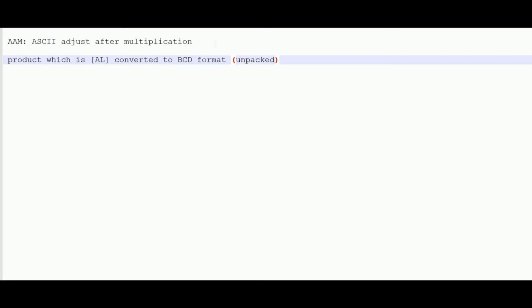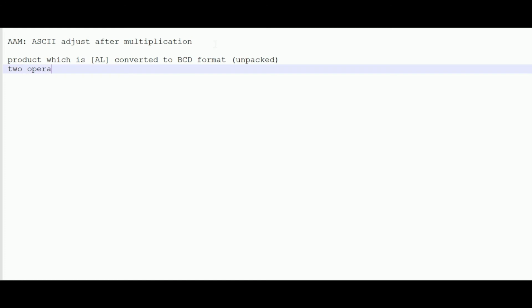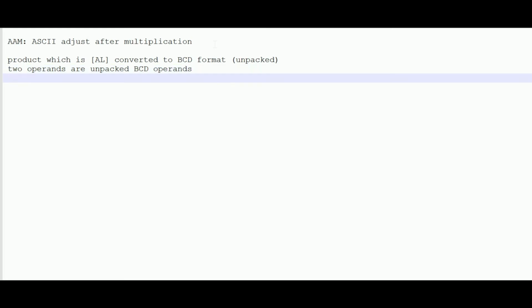Now this instruction follows a multiplication instruction that multiplies two unpacked BCD operands, that is, the higher nibble should be 0, and the end result is available in your AX register. So the point to be noted here is the two operands are unpacked BCD operands, and the third point is the final result is present in your AX register.